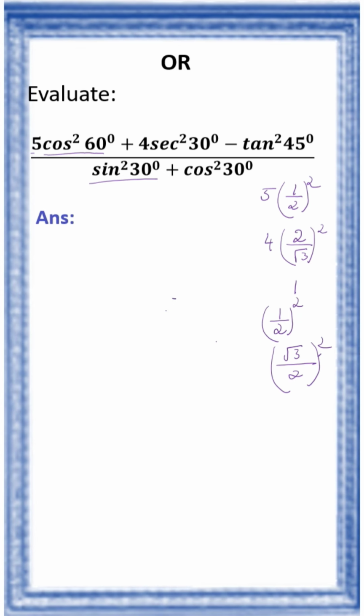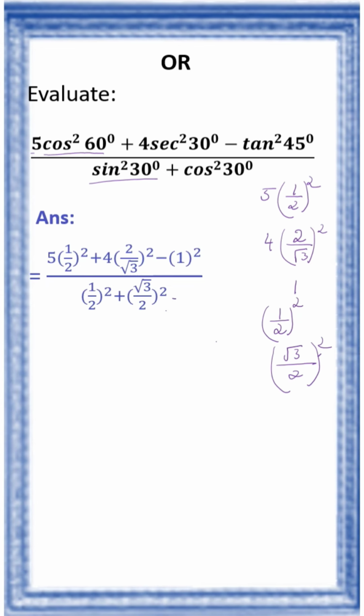Now let us substitute the values here. 5 into 1 by 2 the whole square. 4 into 2 by root 3 the whole square. It is 1 square. Half the whole square. Root 3 by 2 the whole square.